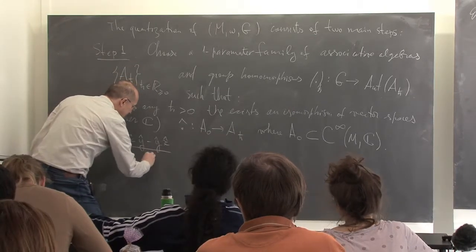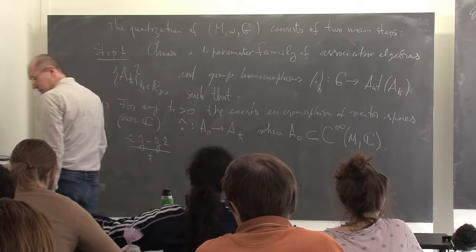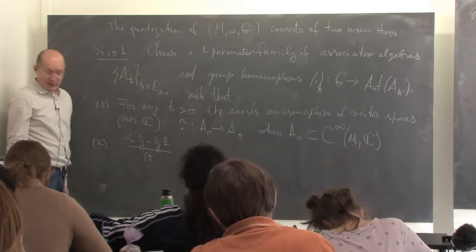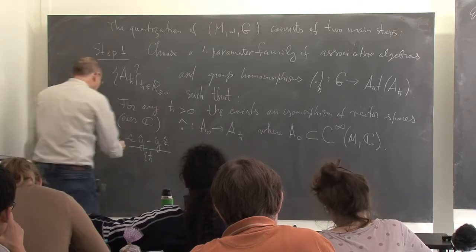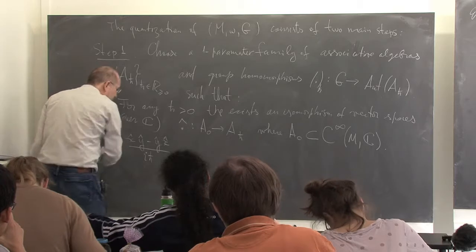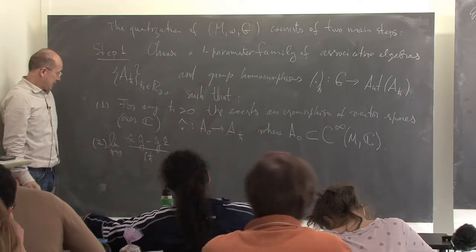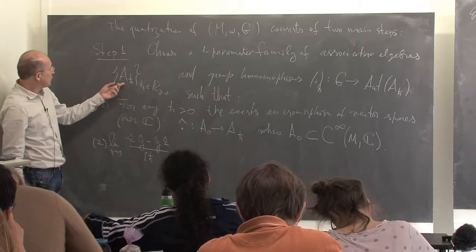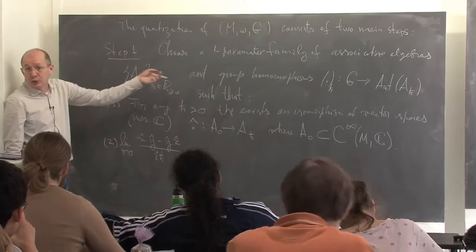So if we divide it by h bar, multiplied by the imaginary unit, that's why we need the complex numbers, and then we take a limit when h bar goes to 0, then we go to the algebra A0.